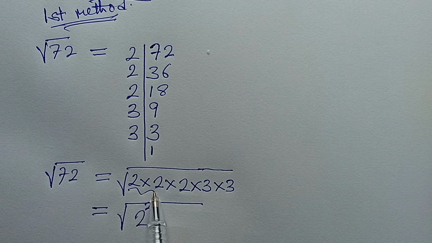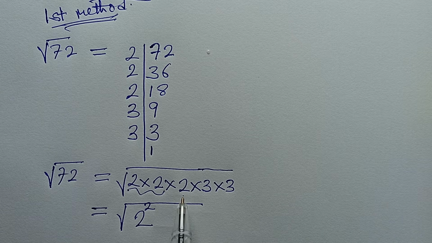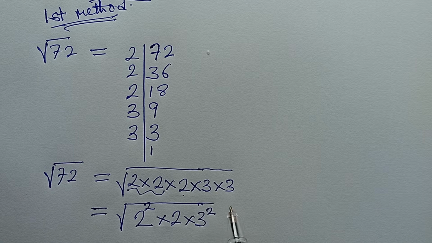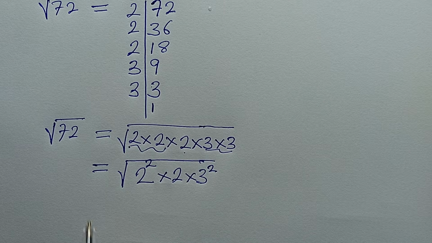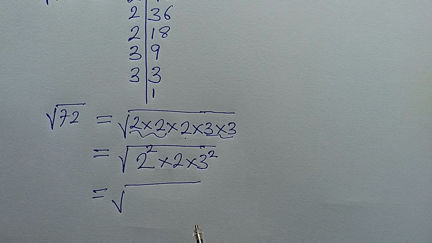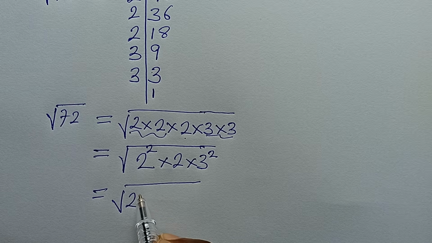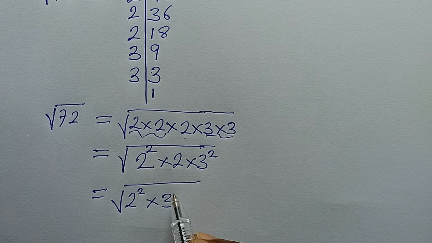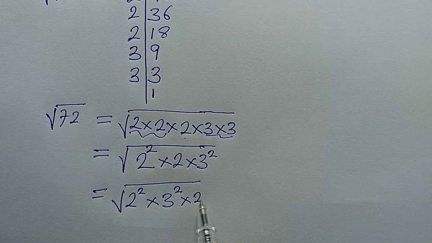We are taking the first 2 twice, and we have 2 out here. Then times 3 to the power of 2, we have 2 of it, so this is out here. Rewriting it gives us the square root of 2 to the power of 2 times the square root of 3 to the power of 2 times 2.